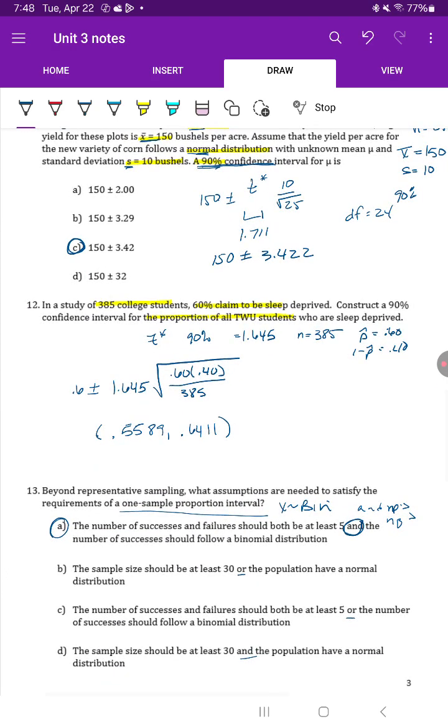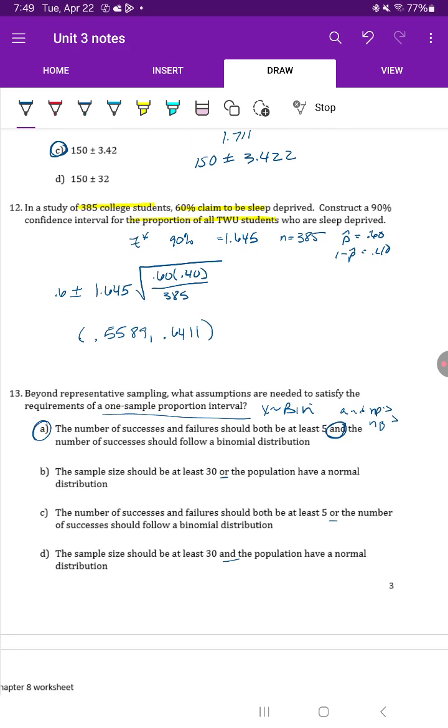In a college, of 365 college students, 60% claim to be sleep deprived. Construct a 90% confidence interval for the proportion of all students who are sleep deprived. So our Z star is going to come from the table with 90%. Remember, that's under our critical values. So that's going to be 1.645. We have our N and our P hat.